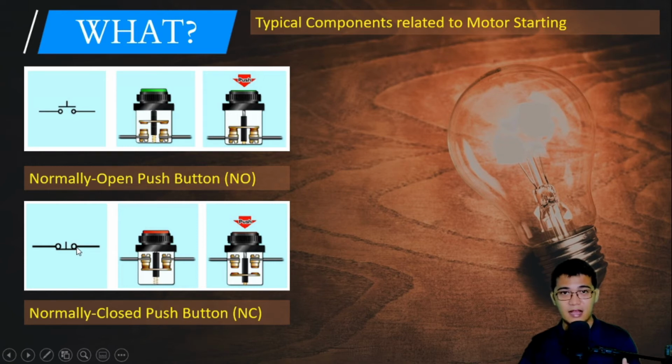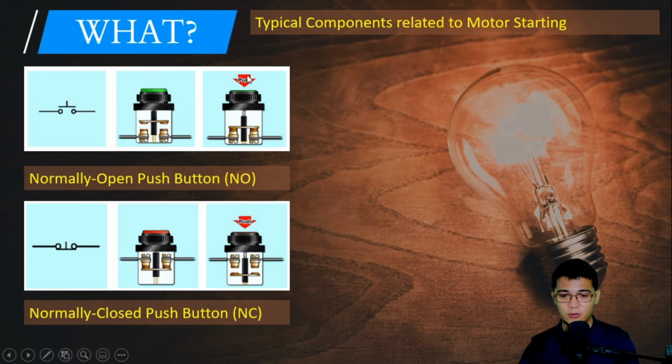So in the actual scenario, ito naman yung makikita natin sa loob ng isang normally open na push button switch. It is color green, and there is a disconnect between these 2 points, just like on its schematic symbol.